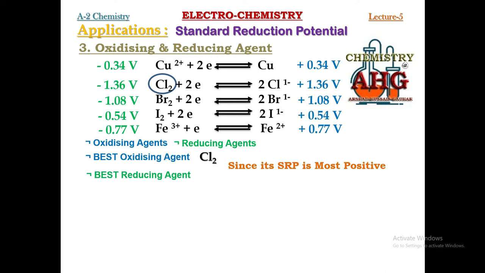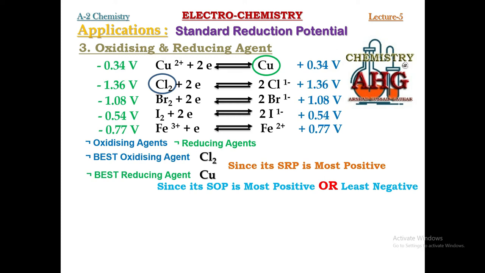So right now what will be your answer? Your answer would be copper. You can see its standard oxidation potential is least negative. So whenever you are asked, you can write that since its standard oxidation potential is most positive or least negative, this is the explanation for the best reducing agent.